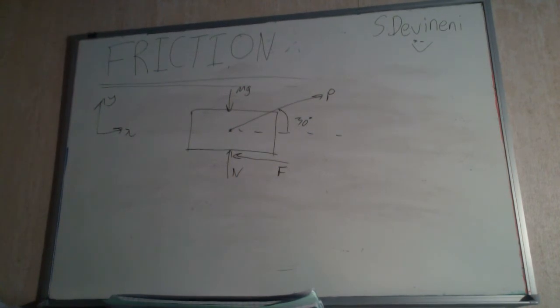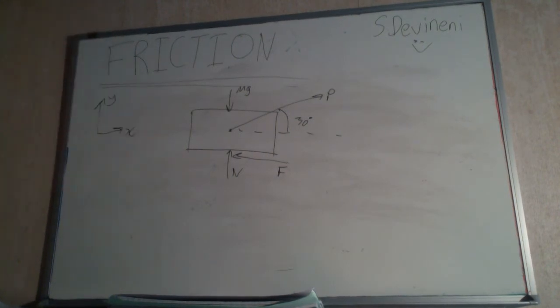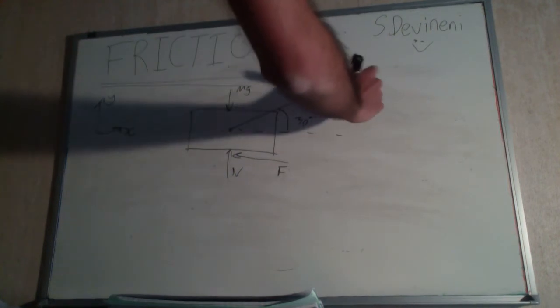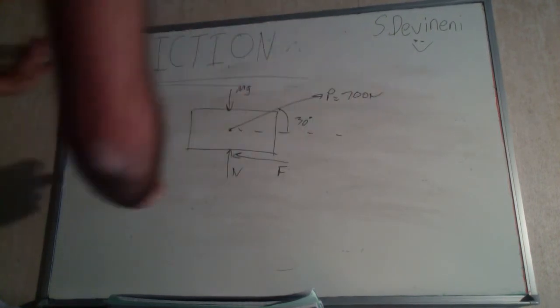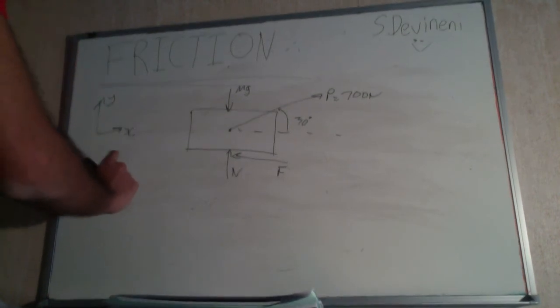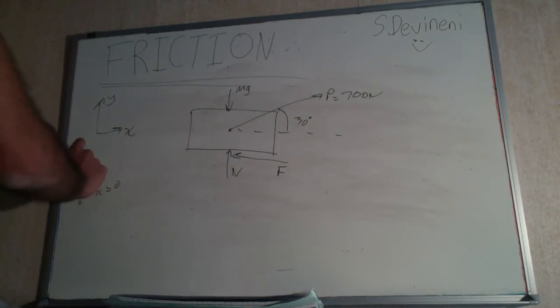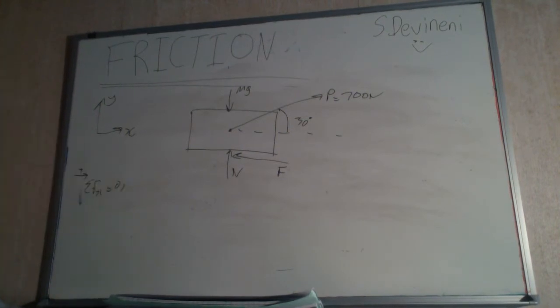Now it's static, so let's use equations of equilibrium to find F and N, and also P equals 700 newtons. So we'll go here, sum of Fx equals 0, taking left to right as positive. It's pretty straightforward.